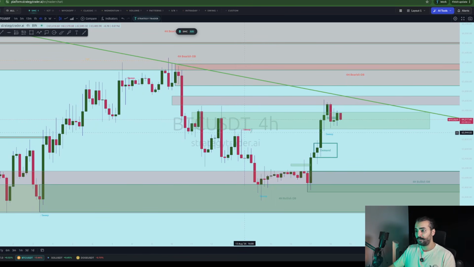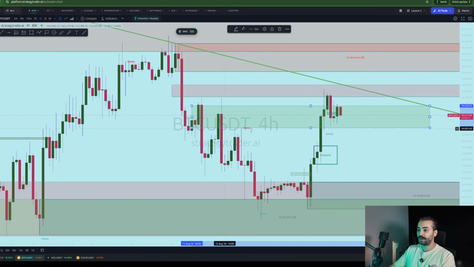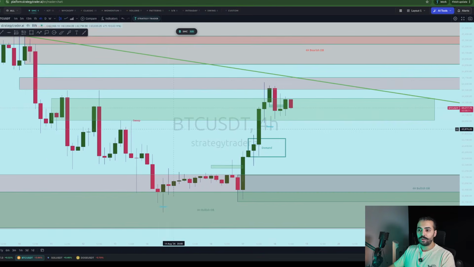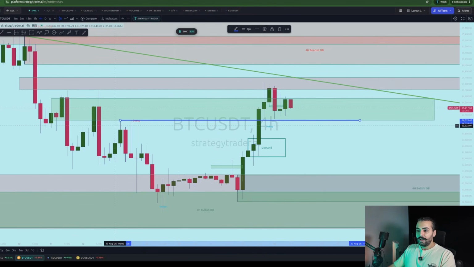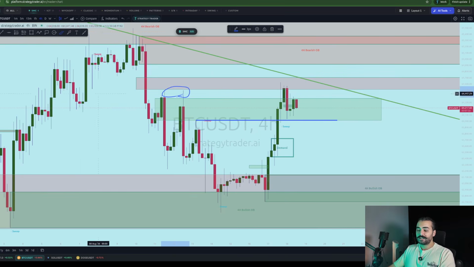From yesterday's video, what we talked about was that we are going to touch this box, and if we close above this box, then if we close above this line here, the equal lows that you can see here, I'm going to also draw the line for you, if we can close above this, then there is a good chance that we can go to the next level, the next two highs here, these two highs that we had from before. And right now, here we are with this, okay?